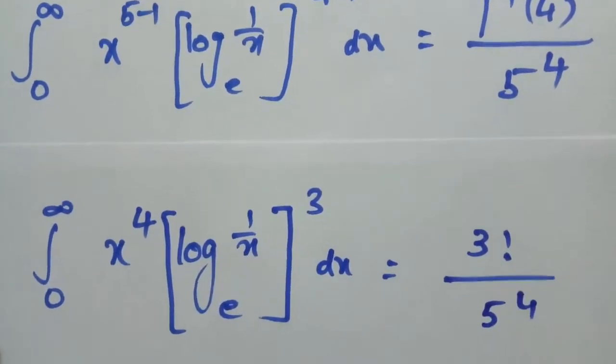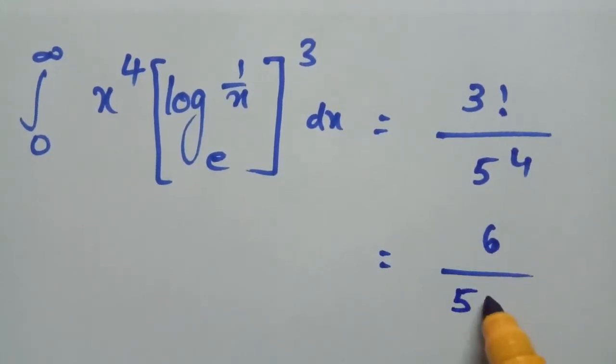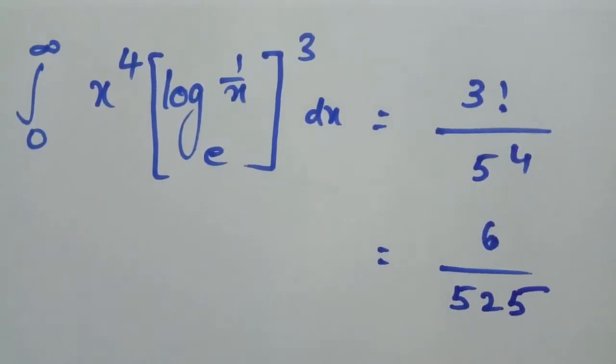Therefore, this is equal to 3 factorial, that is 6, by 5 to the power of 4, which is 5 square 25, 25 into 25.